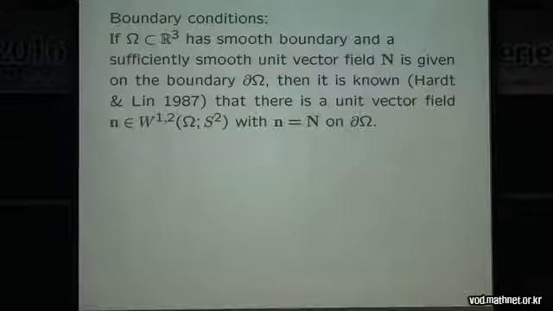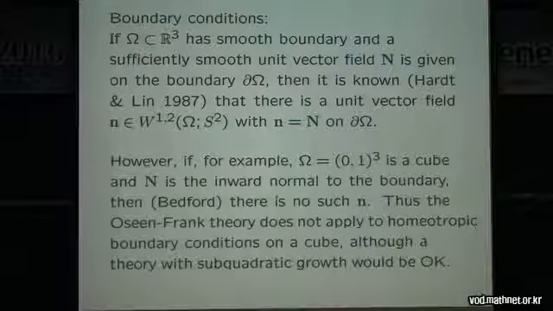So here's another problem: boundary conditions. Suppose you have a domain with smooth boundary and a sufficiently smooth unit vector field is given on the boundary, then it's known that there's a unit vector field in W^{1,2} that matches it, right? But if you have a cube and n is the inward normal to the boundary, then my student Stephen Bedford showed that there isn't such an n.